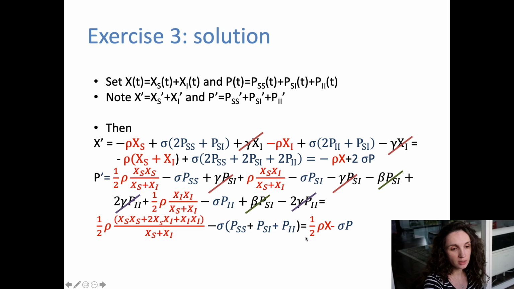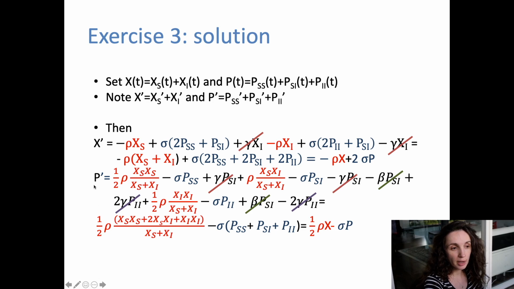So the second bracket is of course very easy since we recognize this as the definition for p. While the very first bracket, if you look at this closely, you will see that the numerator is equal to the square of xs plus xi, and therefore we can divide numerator and denominator by xs plus xi such that the whole fraction is actually equal to xs plus xi, which of course we recognize as the definition for x of t.